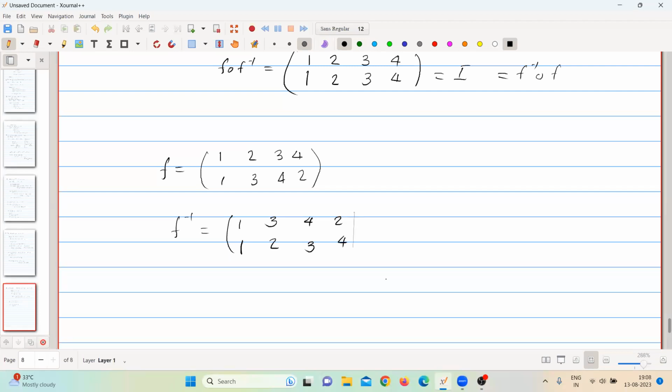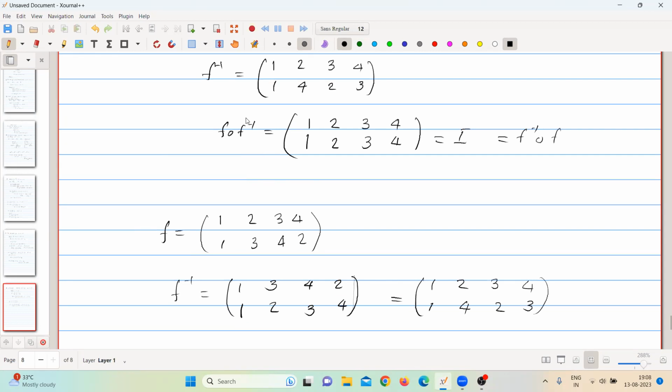Okay, this is not the way of writing a permutation. We will write the permutation in the order 1, 2, 3, 4. So we can write it as 1 is 1. Here 2 is going to 4. So 4, and 3 to 2 and 4 to 3. So this is how you can find f inverse.